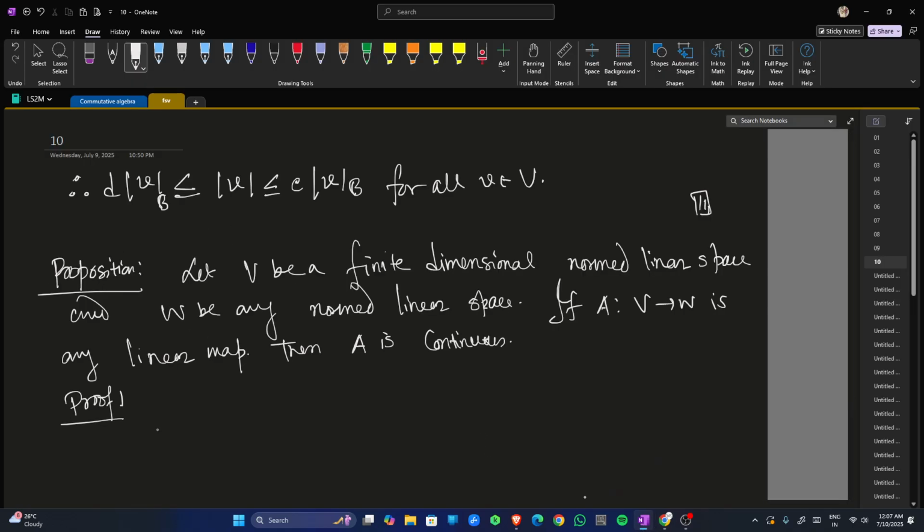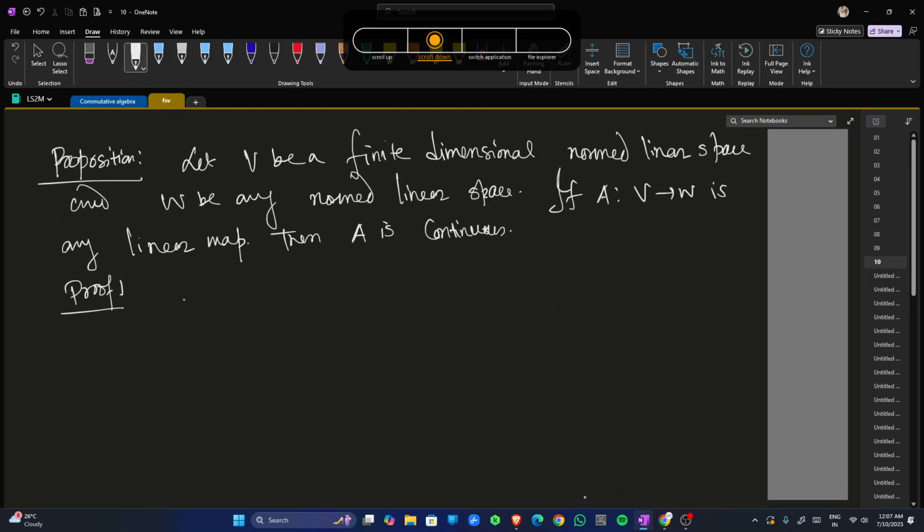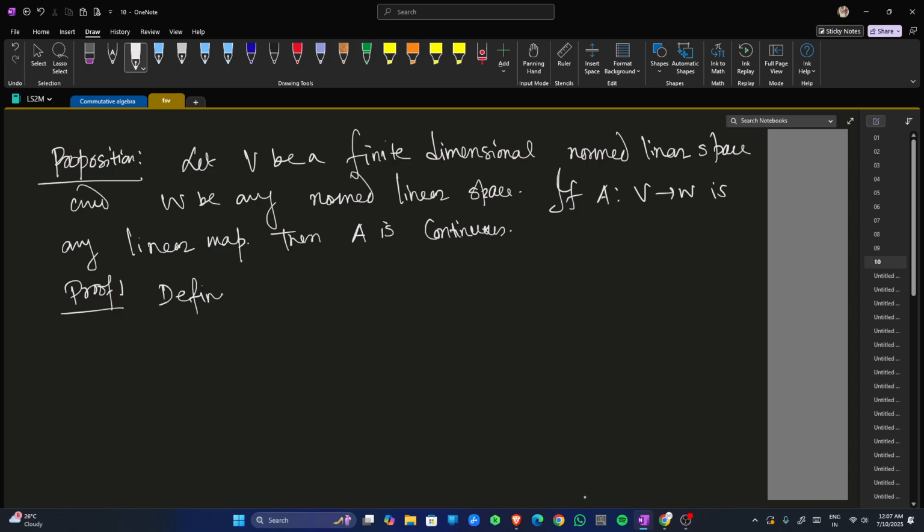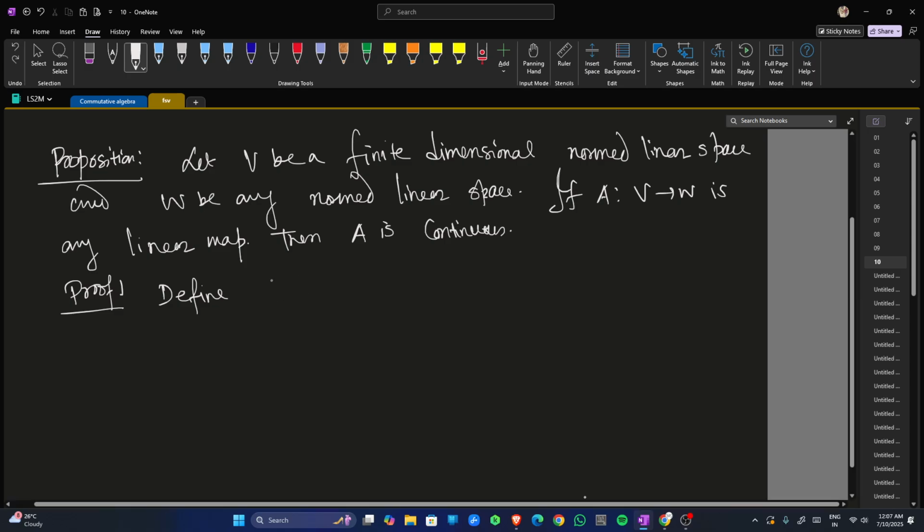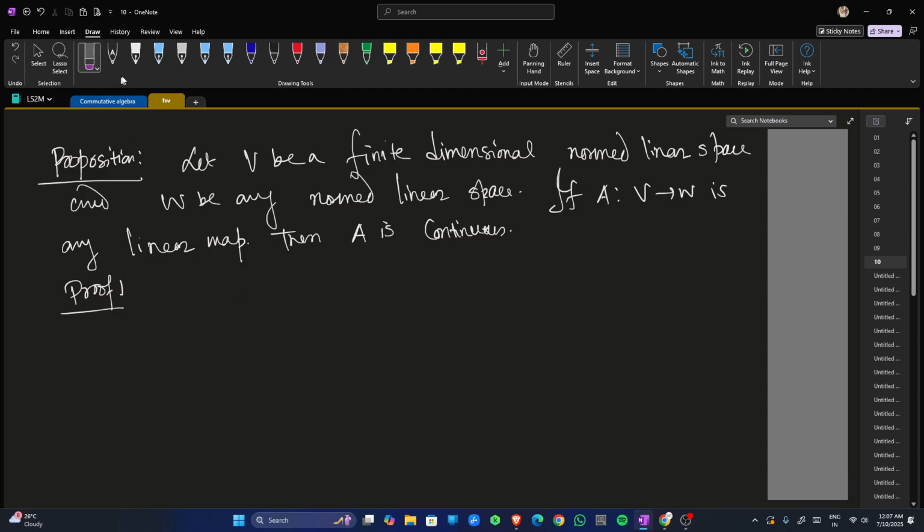Okay, so we prove that. Define, for v belonging to V, the norm v dash.